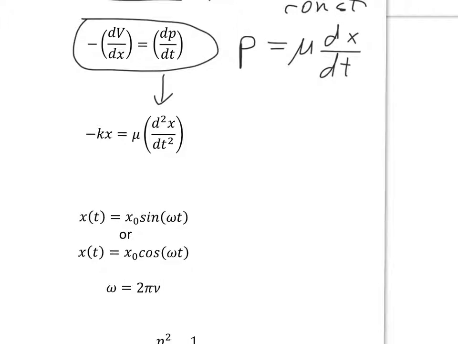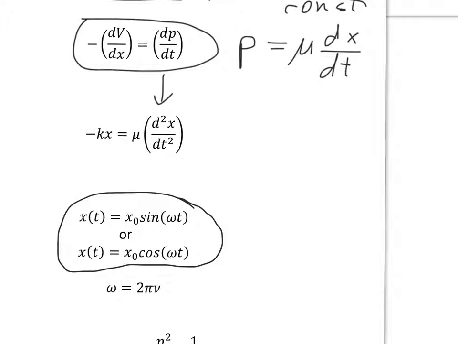I get the sine function back with a minus sign, and that's exactly what this equation shows with some constants involved, that the second derivative of x gives me the same function times a negative constant. So we can show that solutions of the form x(t) equals x_0 times sine omega t, or x_0 times cosine omega t, will solve it, provided we have the right value of omega.